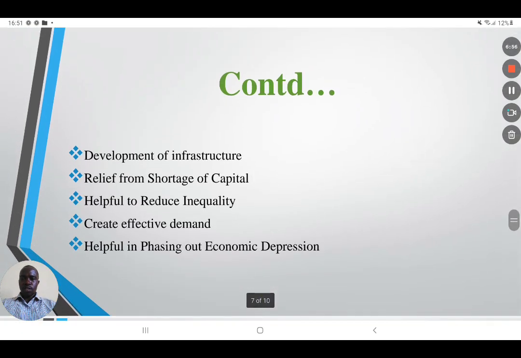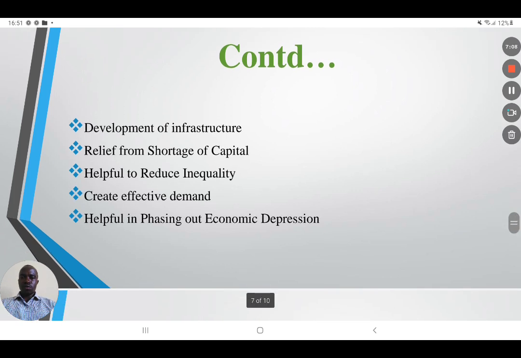Agriculture as well leads to development of infrastructure such as roads, railways, airways as a result of agricultural development. It also leads to relief from shortage of capital.